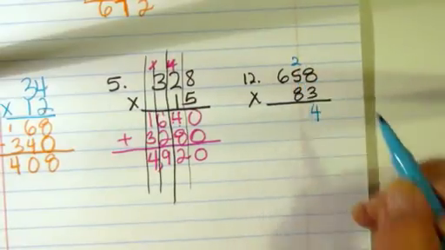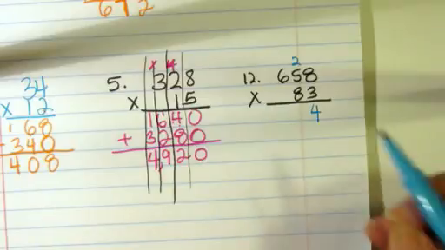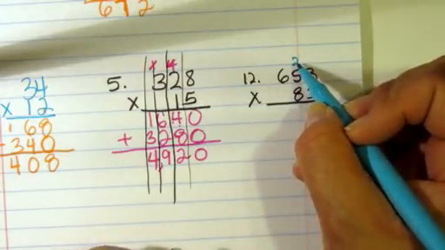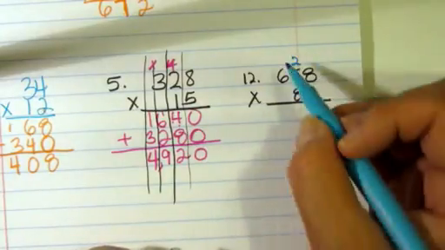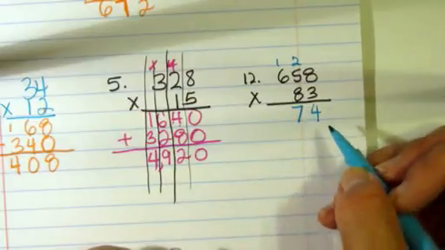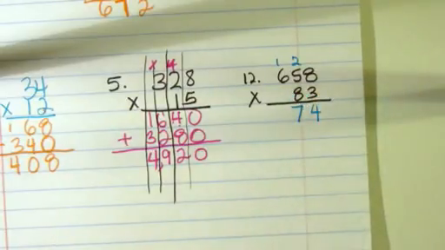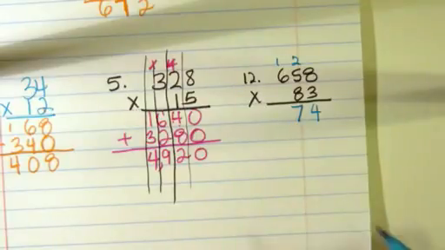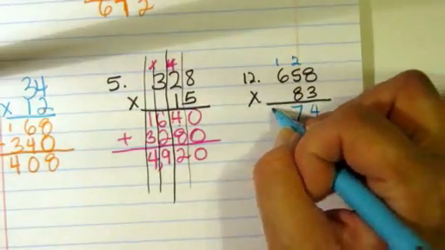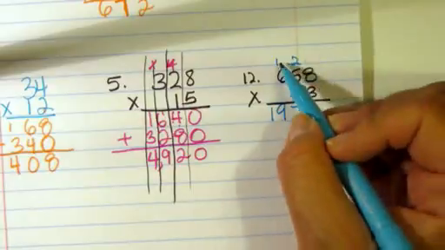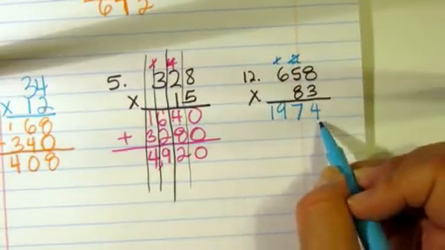And then 3 times 5 is 15. 15 plus 2, 15, 16, 17. So we have 17. And then we have 3 times 6. 3 times 6 is 18, 19. So we have 19. And then we do our steps, scratch, scratch, lay an egg.